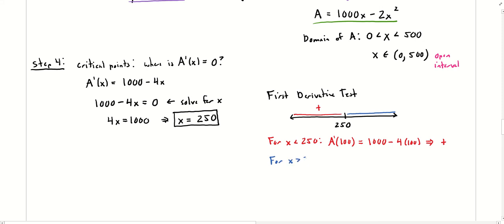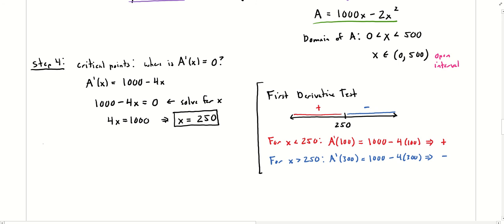And for values of x greater than 250, I'm just going to plug in 300. That's not too hard to work with. So plugging 300 into my first derivative, I get 1,000 minus 4 times 300. 4 times 300 is 1,200. 1,000 minus that is, in fact, a negative value. So I have a negative first derivative on that interval. So this is kind of a little bit of side work here, just making sure that I have a local extrema, and I do.